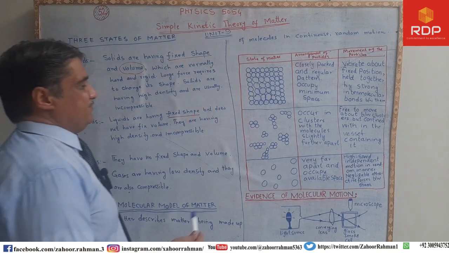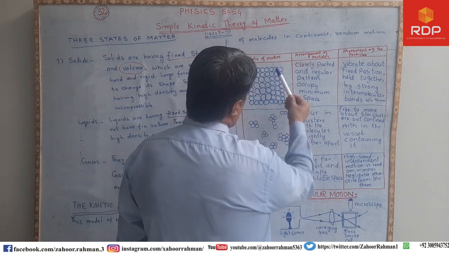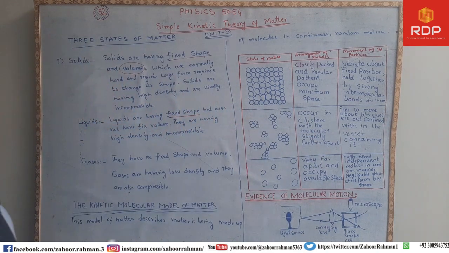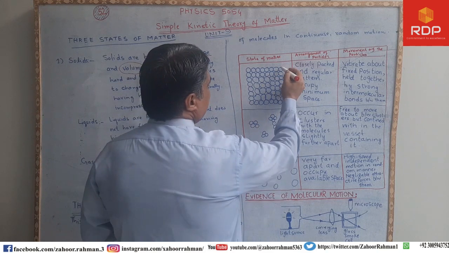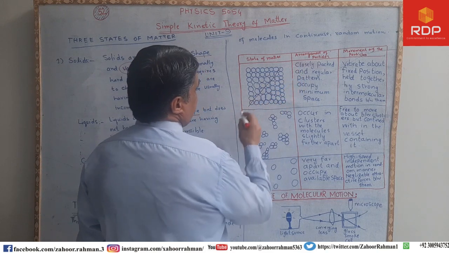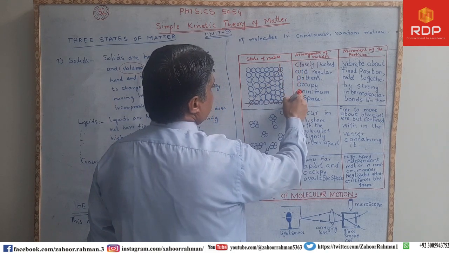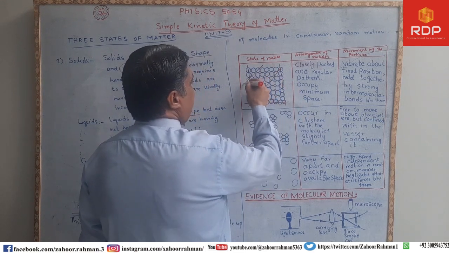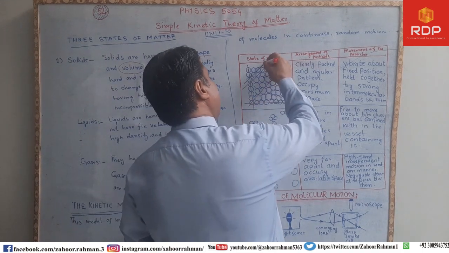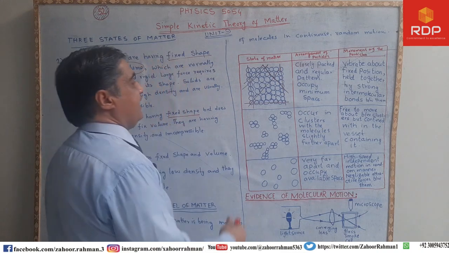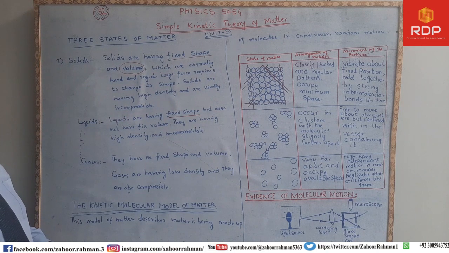Ladies and gentlemen, in the first case, the arrangement of molecules is in a very regular order. If you are seeing it from this perspective, it will be in a straight line. If you are seeing it from this side, or this side, or this side, they are having a very regular shape inside the matter.